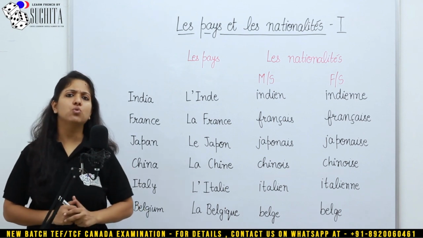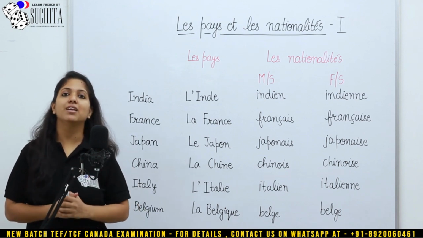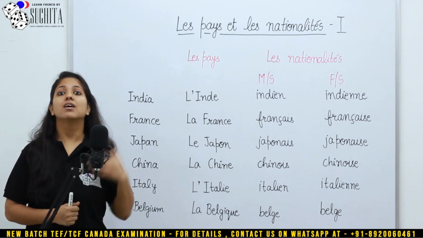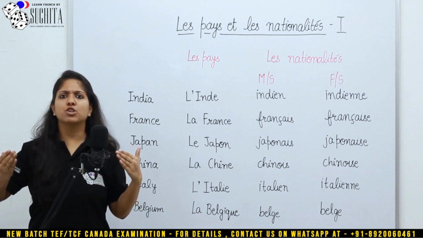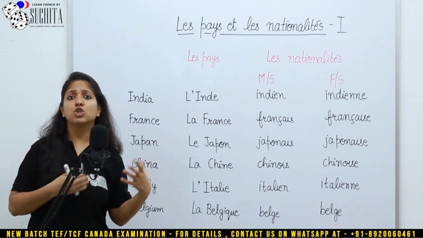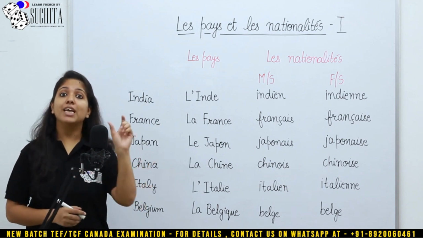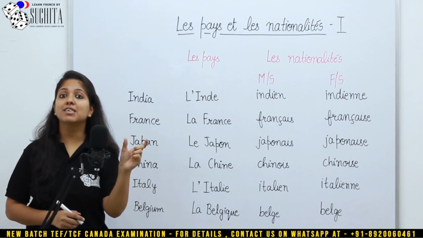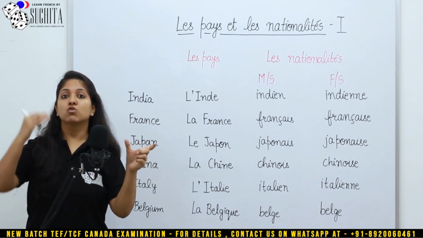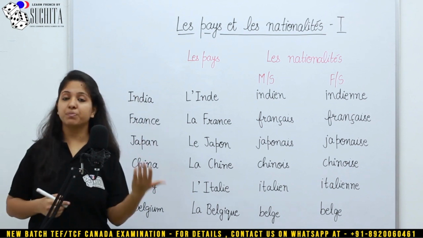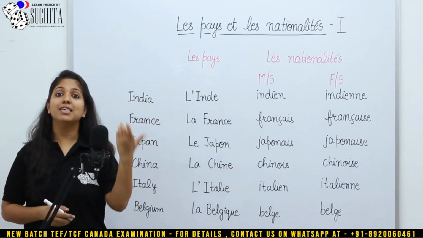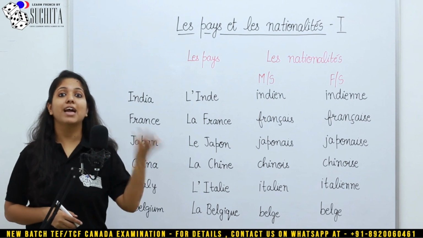Before we do the nationalities, I would like to tell you that the nationalities in French are adjectives. You have different types of adjectives. Let's say if I say she's an Indian lady, Indian is a nationality, but it's an adjective.